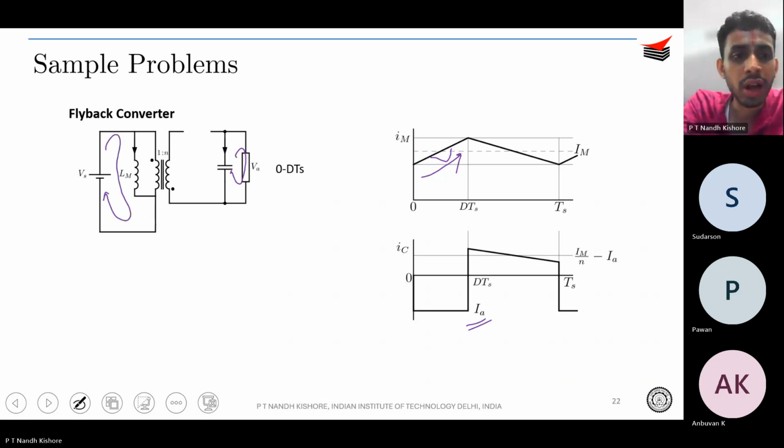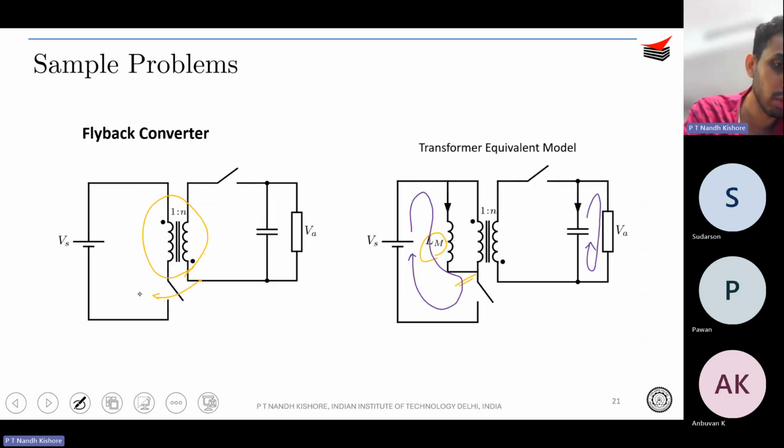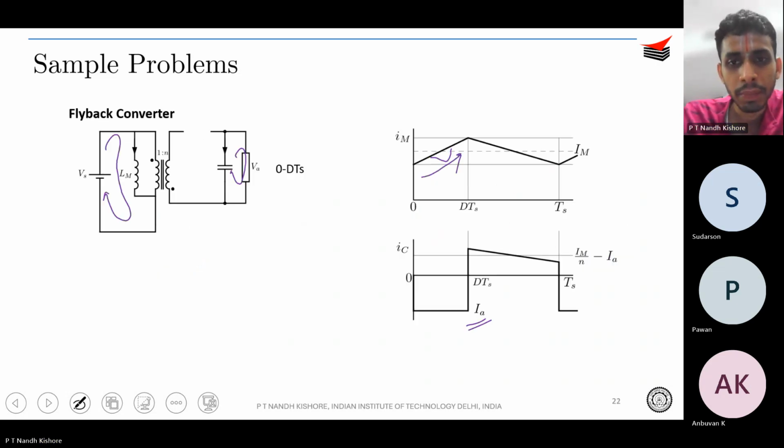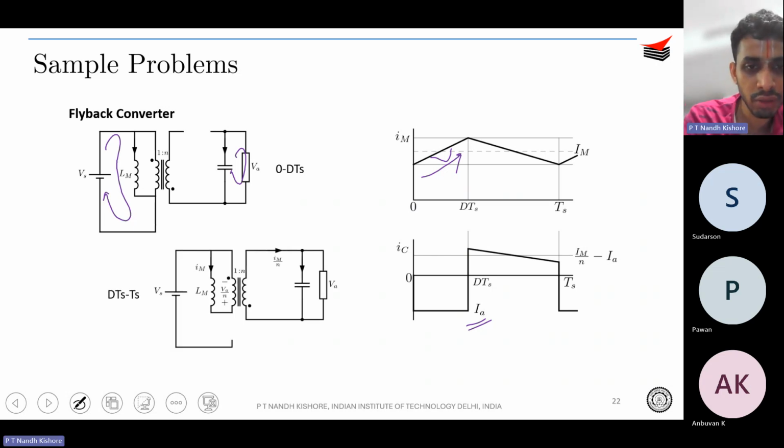And when the switch is turned off, the magnetizing inductor freewheels through this, correct? So the diode gets forward biased, and this is how the inductor freewheels.